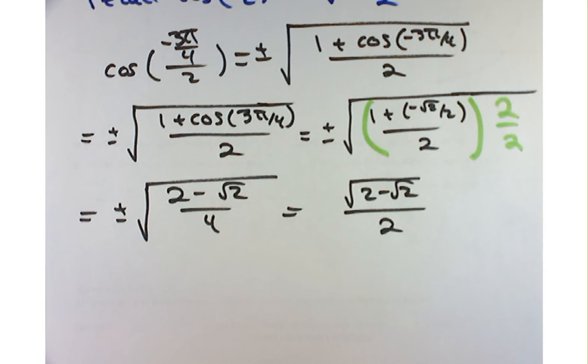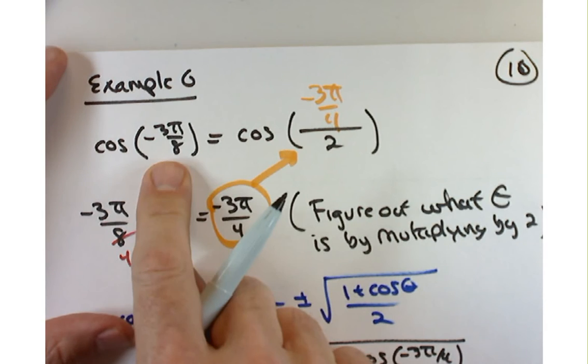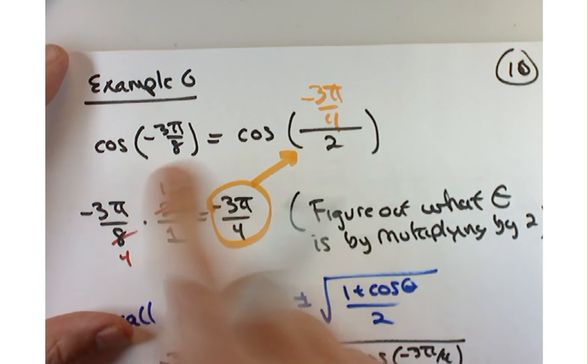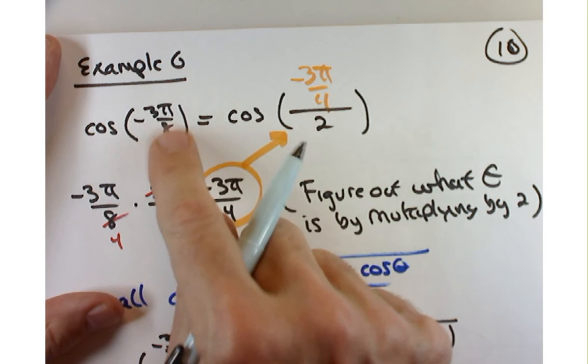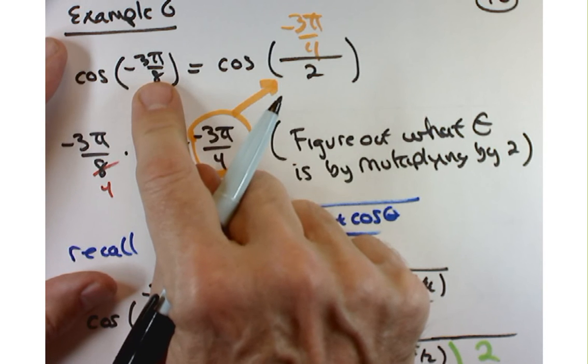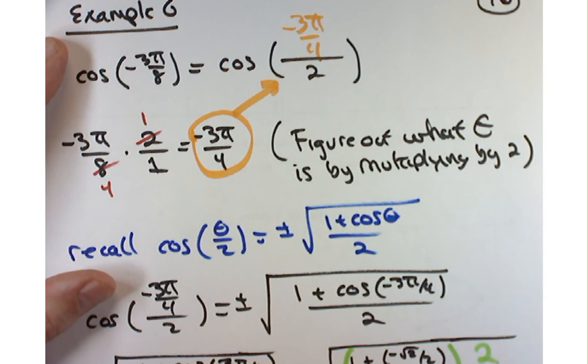And last but not least, I got to decide if that's going to be positive or negative. And I guess it depends on the magnitude of 3 pi over 8, what quadrant that is in. So 3 pi over 8 is in the first quadrant. That would be, let's see, a 67.5 degree angle.